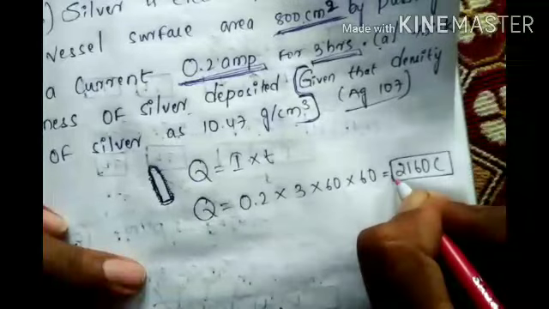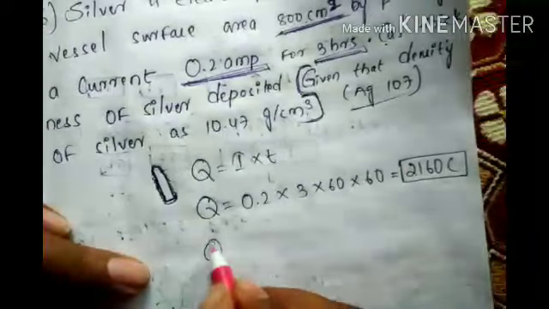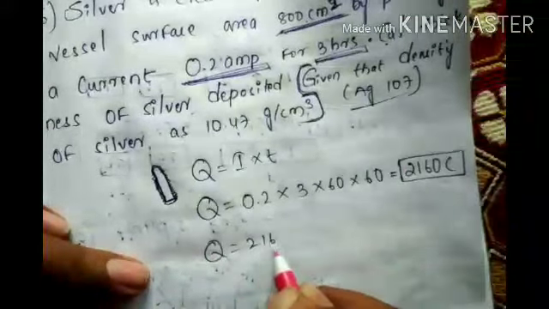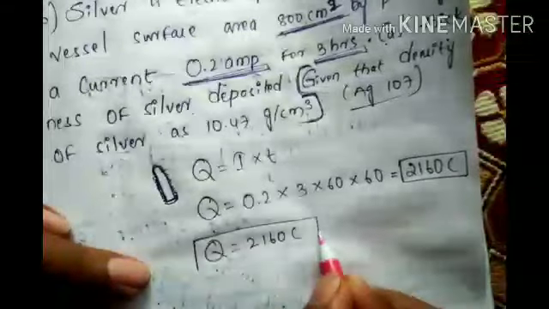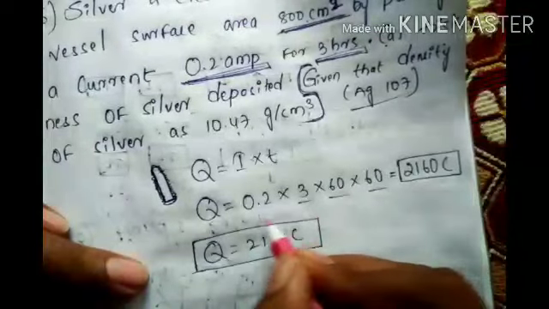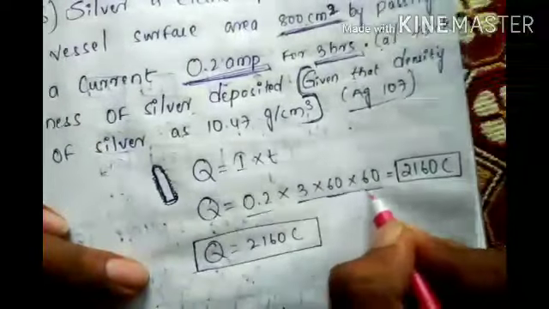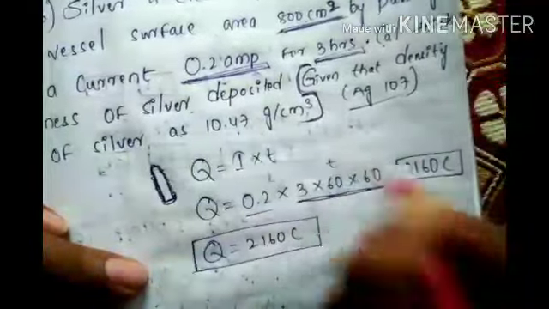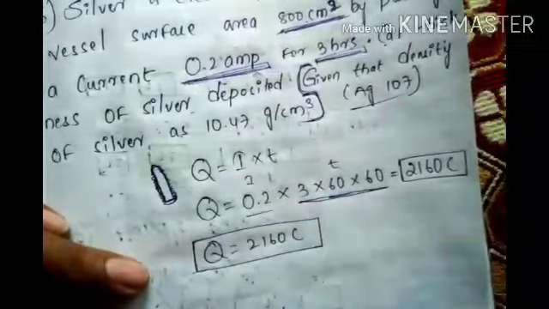So Q, the quantity of electricity, is 2160 coulombs. Got it? 3 hours, 60 minutes, 60 seconds. This is I and this is t.